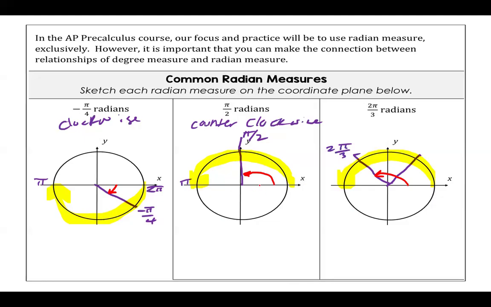Your x-axis is always your initial side, and where you stop is called your terminal side. Initial is where you begin, terminal is where you terminate, where you stop. You always start at the positive x-axis. When I'm going this way, this is 0, because the full round is 2 pi. Your starting point is going to be 0.